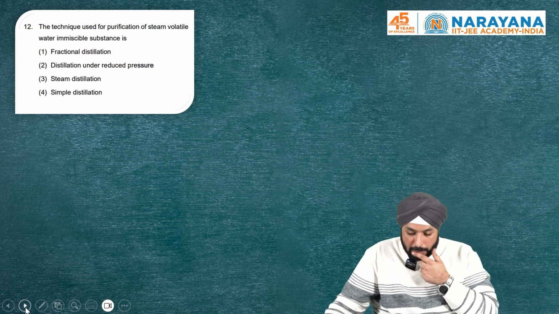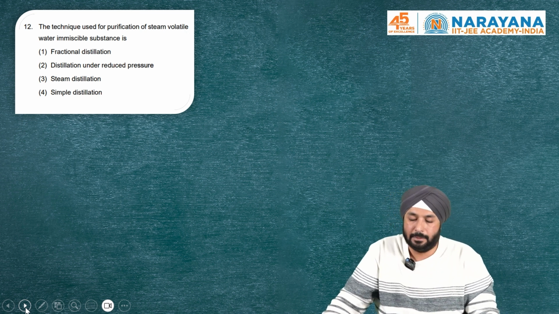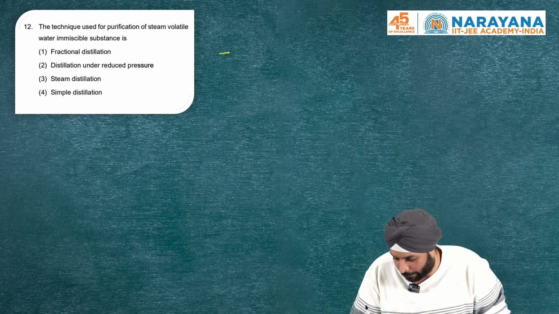The technique used for the purification of a steam volatile water immiscible substance is. Now this is a direct question, memory based question.